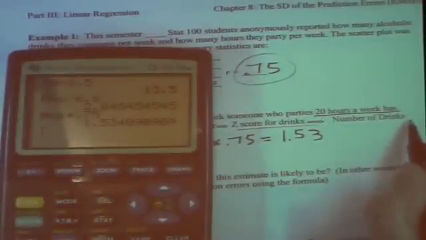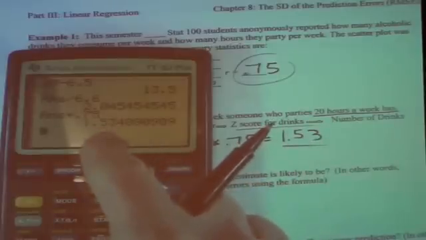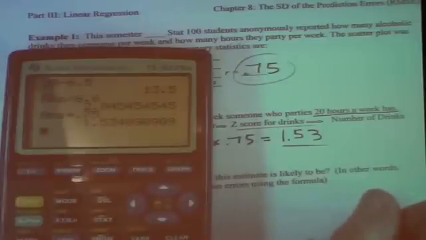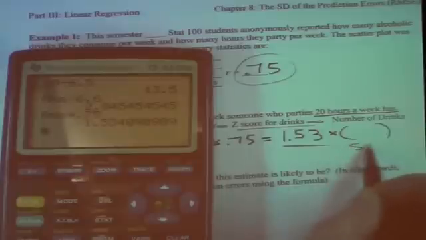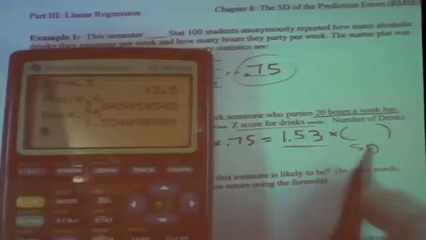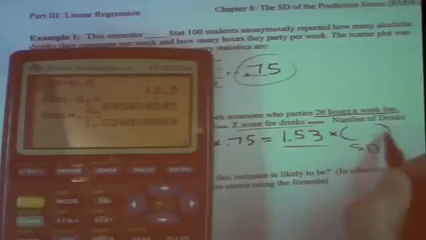And now what do I want to do here? I want to get the number of drinks. What is this? Is that the number of drinks, or is that the number of standard deviations? Standard deviations. So shouldn't I just multiply that by what? By the number of standard deviations. But what should I put in here? What am I at? I'm at drinks. I want to end up with drinks here.